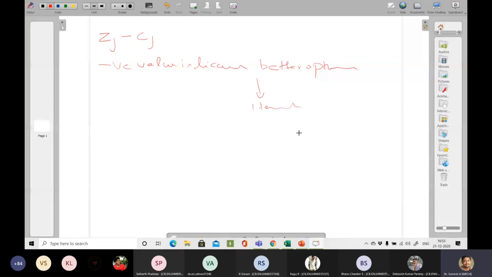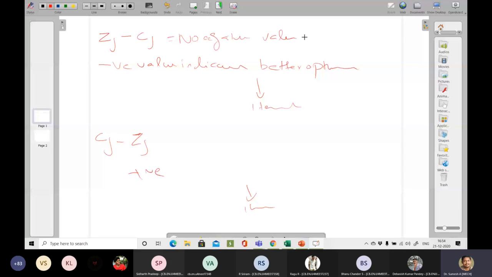If you are calculating the vice versa, Cj minus Zj, then a positive value indicates a better opportunity, so you go for iteration. In the first case, termination comes only when there is no negative value at all. If any negative value appears, you go for the next iteration.